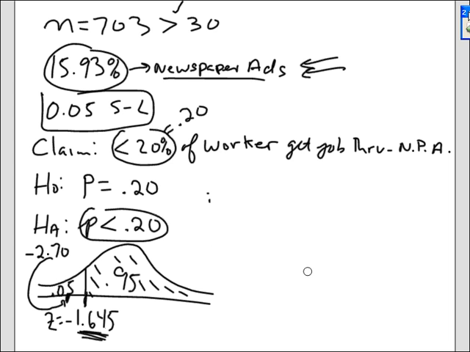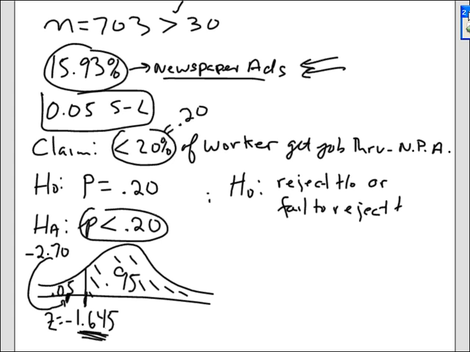When it comes to the null hypothesis, H0, you always must say you reject H0 or you fail to reject H0.